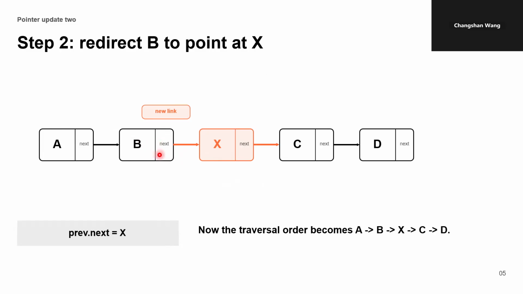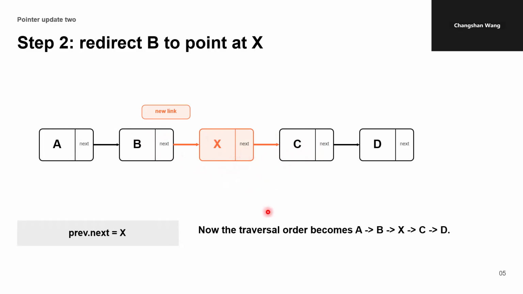Now it stores X's reference instead of C's reference. So now nobody knows where C is. So when we say, let's just point it to C, but now how? We can't point it. We don't know where it is.